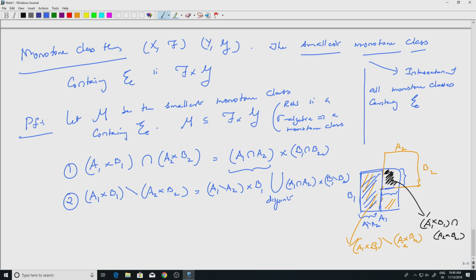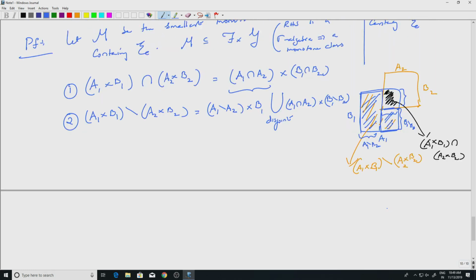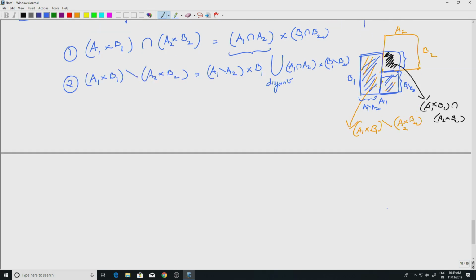A1 intersection A2 is this portion, right? So this is A1 intersection A2. B1 minus B2 would be this, and this gives me the second portion, and that is the disjoint union. Okay, very nice. So, well, what is the consequence of this?